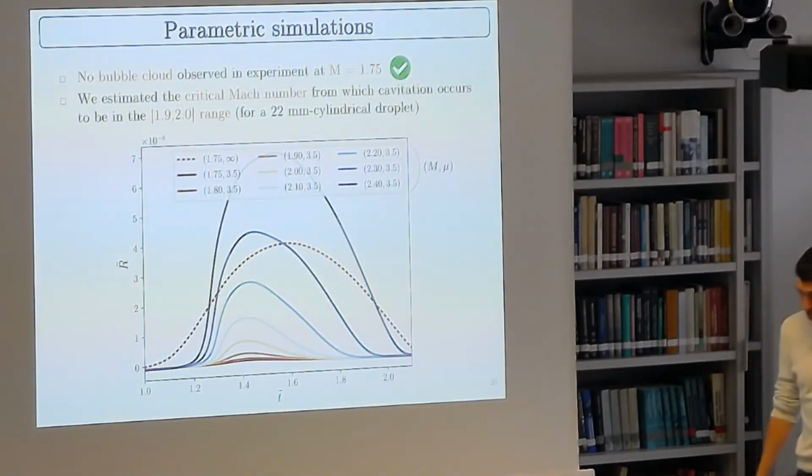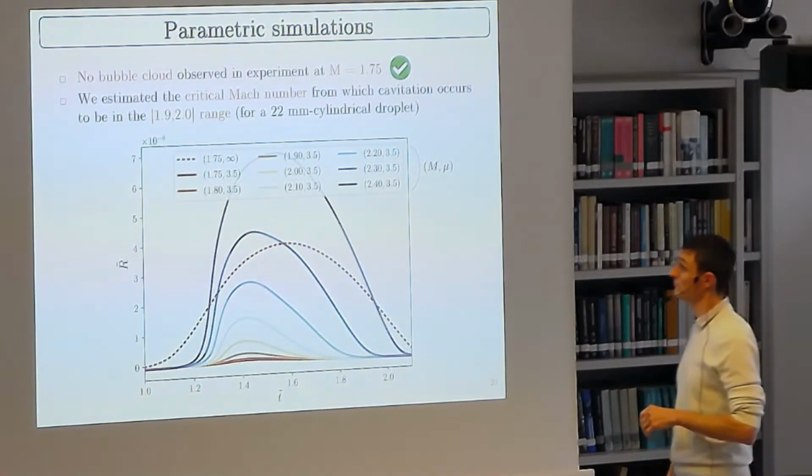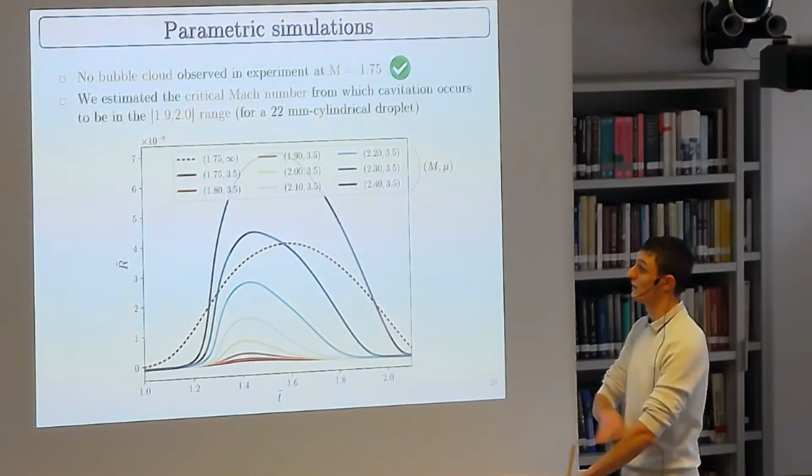Once we did this, we were like, okay, we know that mu 3.5 is good to represent the phenomenology. So this is basically the good characteristic time for a mixture of liquid and gas to find equilibrium.